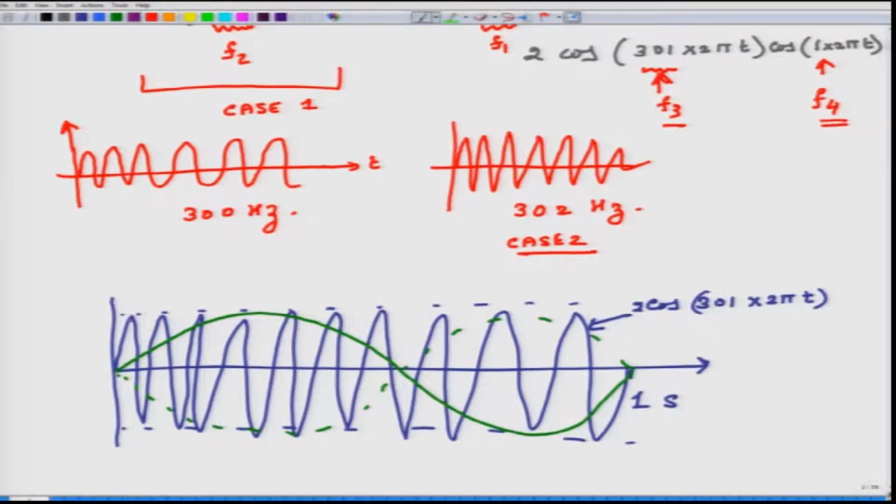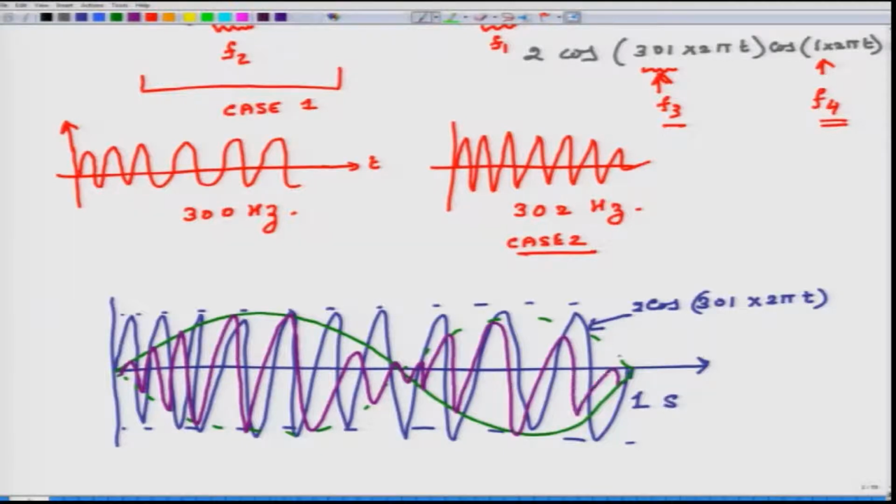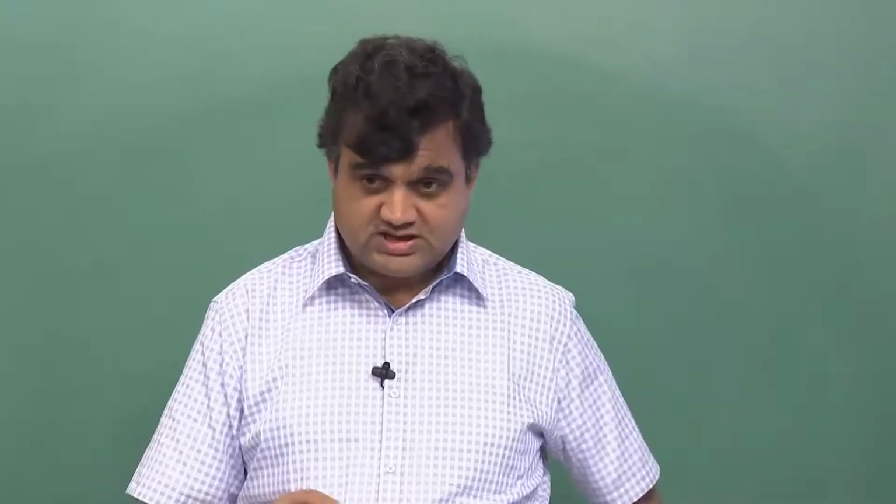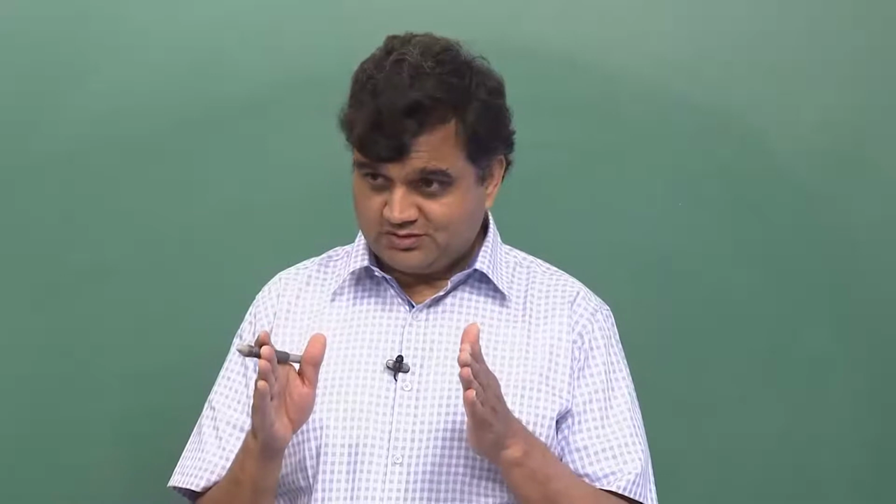So, the actual wave will be like this. Do you understand this? Because it is a product of F3 and F4.